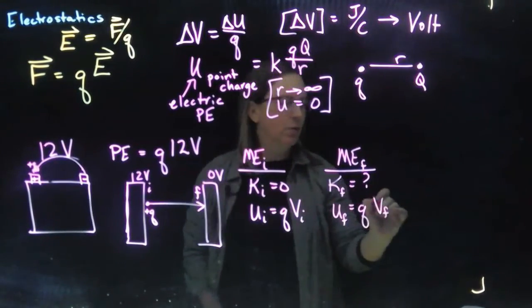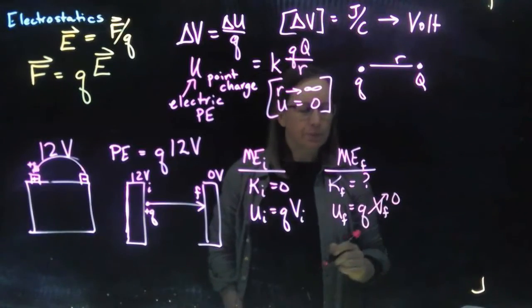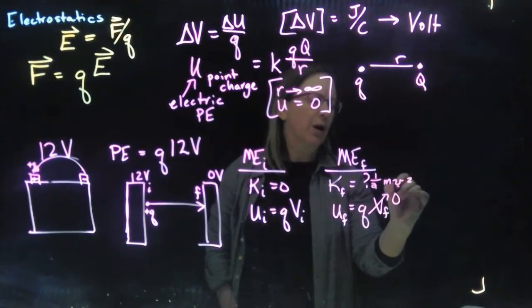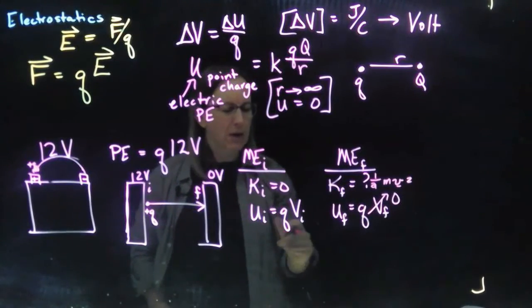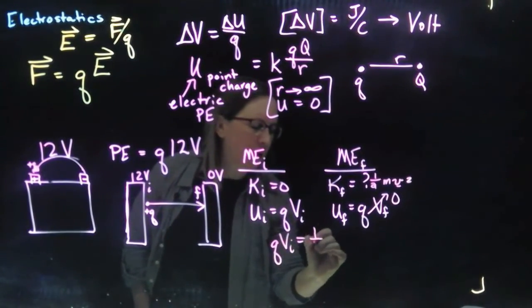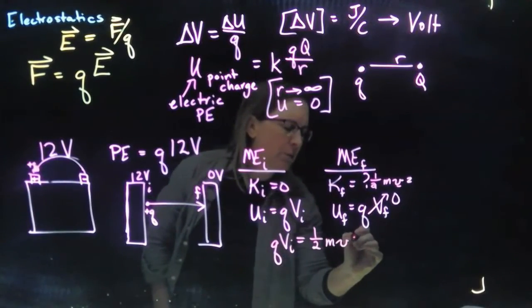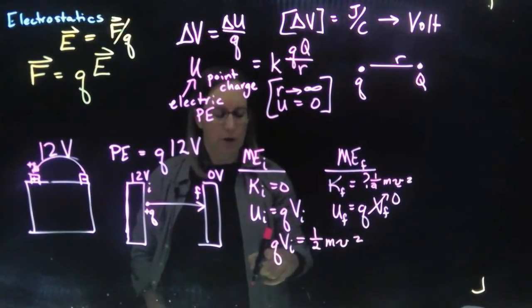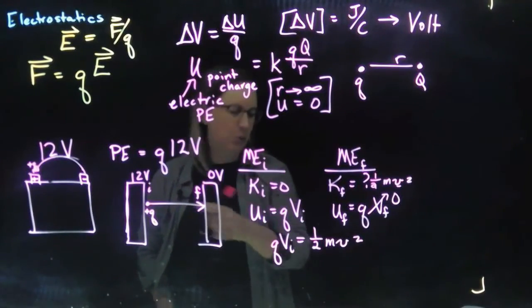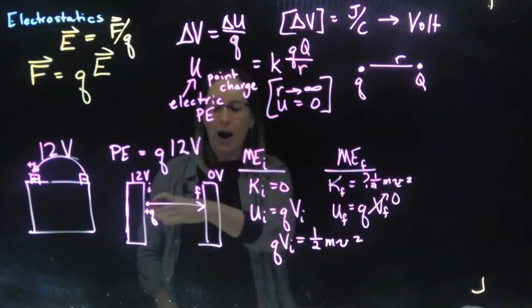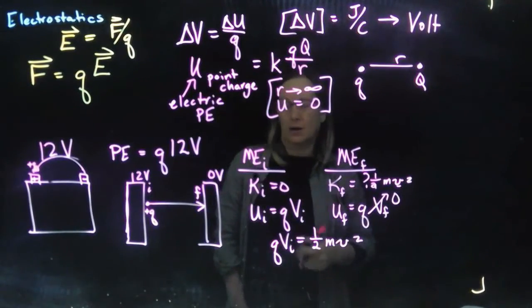In this case, we would be at 0 volts, and then this would be 1/2 m v squared, where v is the speed. And so I could just say Q times V1 is equal to 1/2 m the speed squared. And so from this, if I know 12 volts, I know how much charge, say the charge of a proton that would be released, and we knew the mass, then we could find out how fast it would be going once it got there.